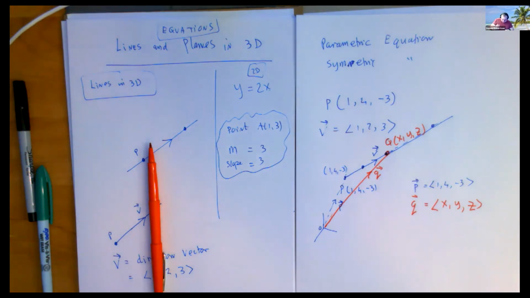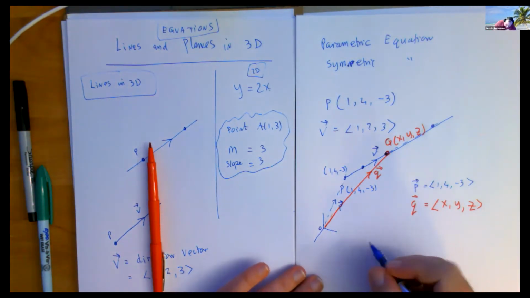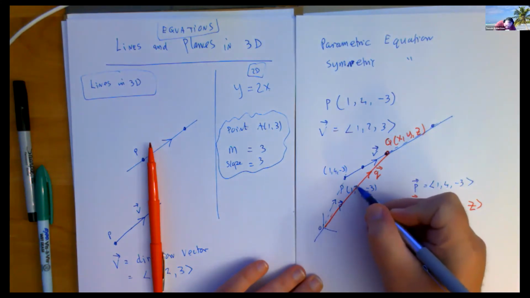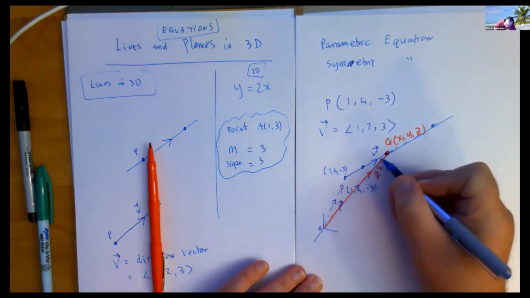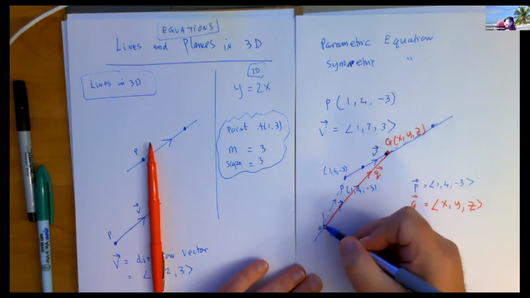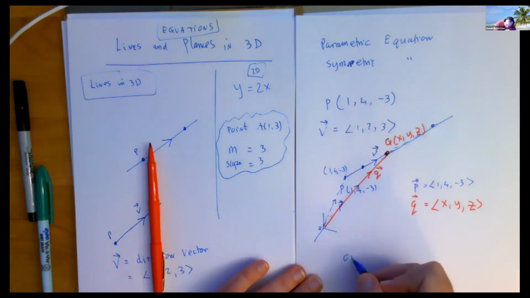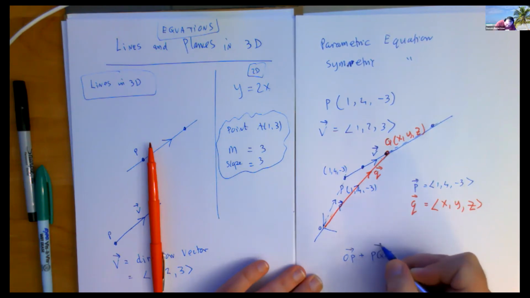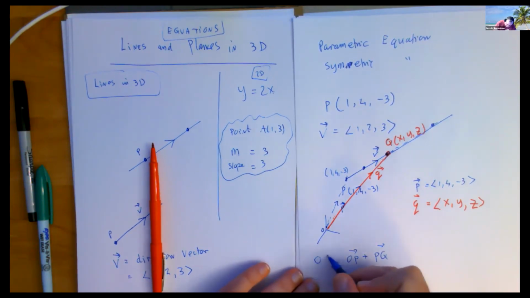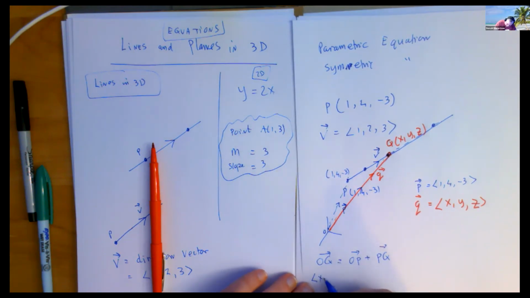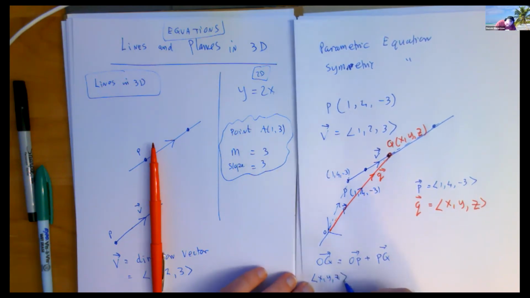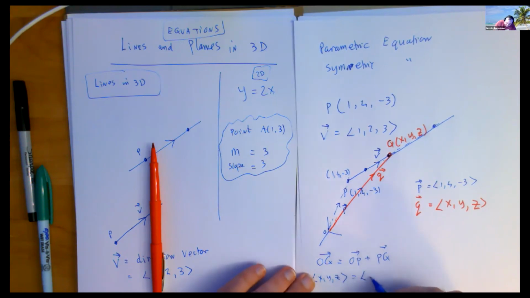Well, if I wanted to get this vector here, can you imagine it could be made up of going from O to P and then going from P to Q? That's the same thing as OQ. That's the same thing as X, Y, Z. OP is 1, 4, -3.